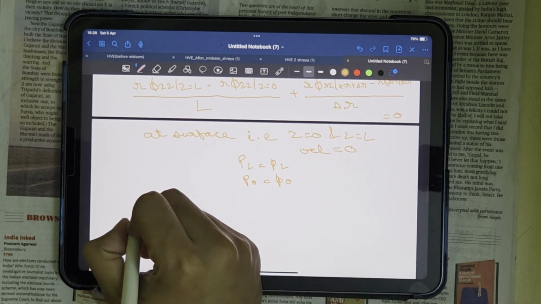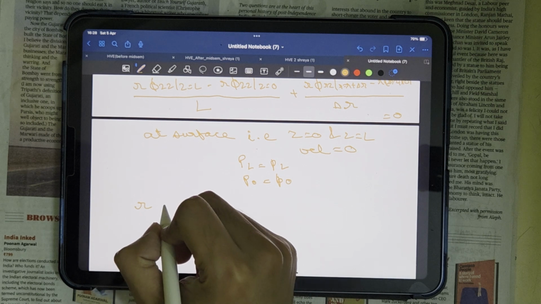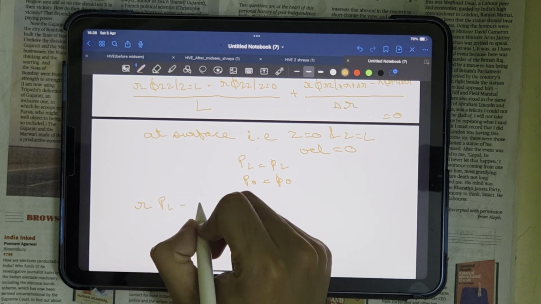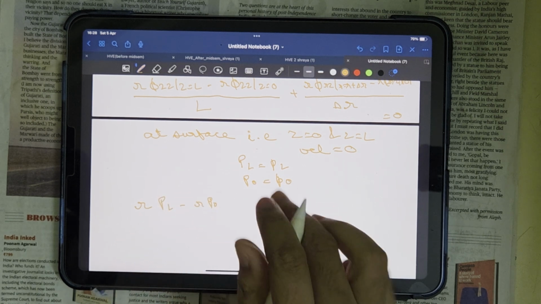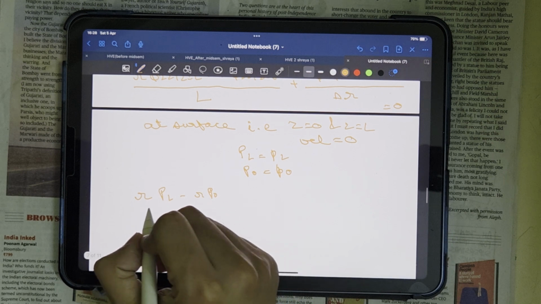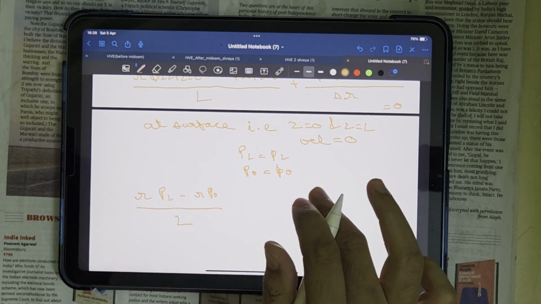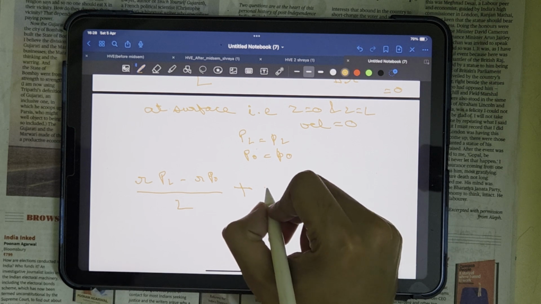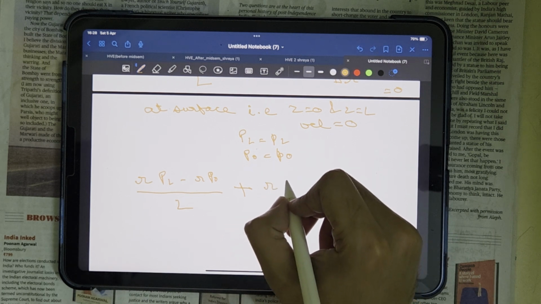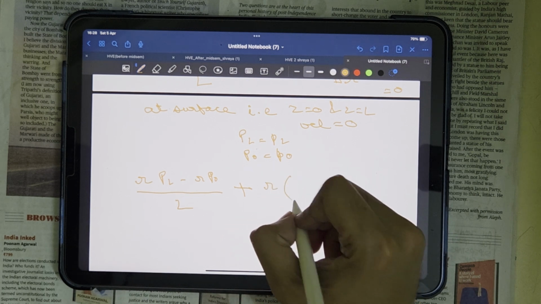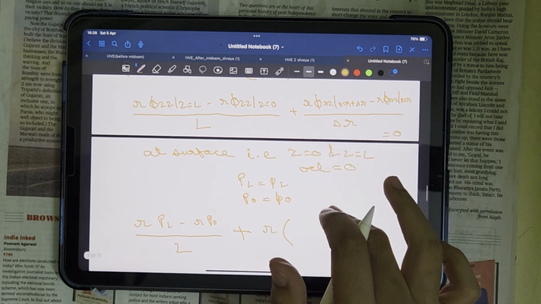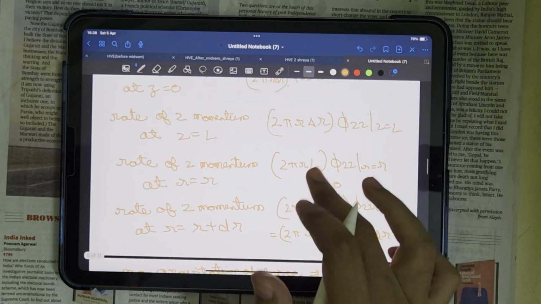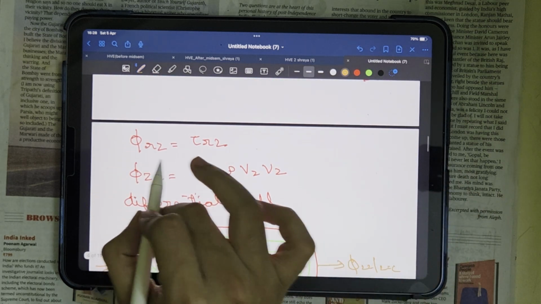So we can write this. This is RPL minus RP0 plus phi RZ will become tau RZ from here.